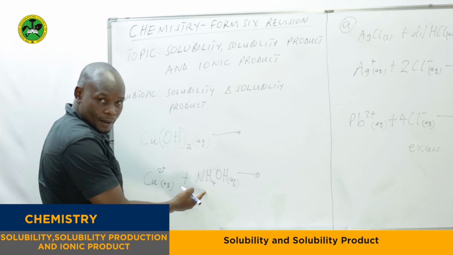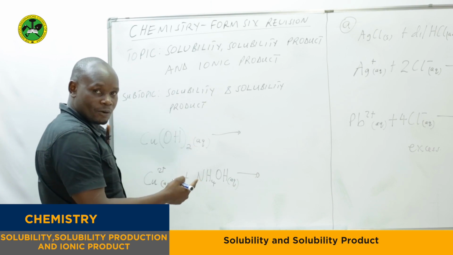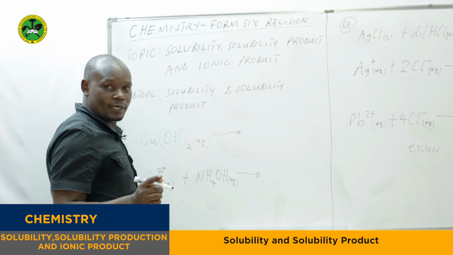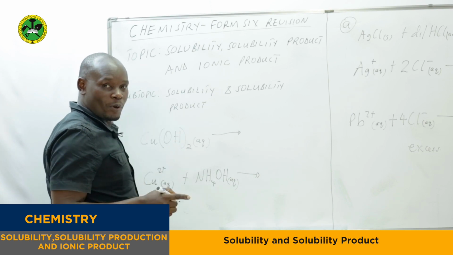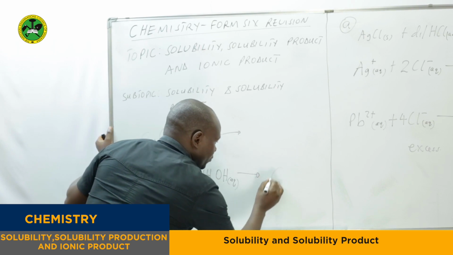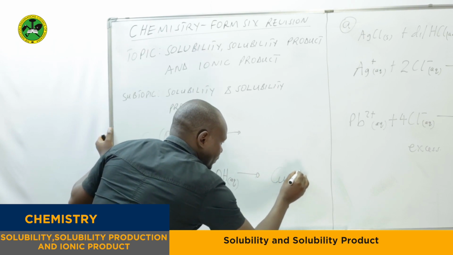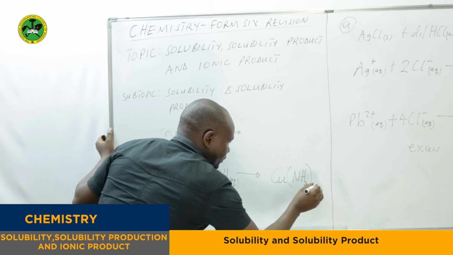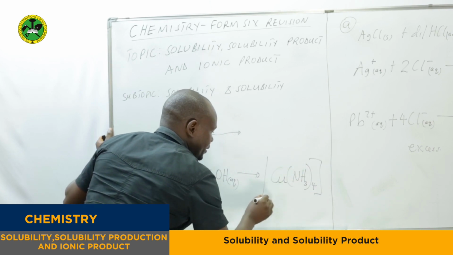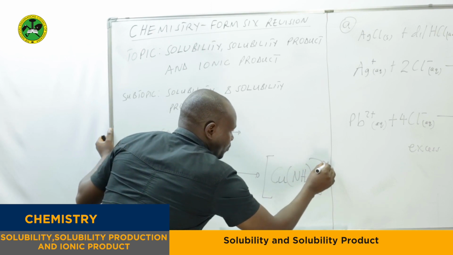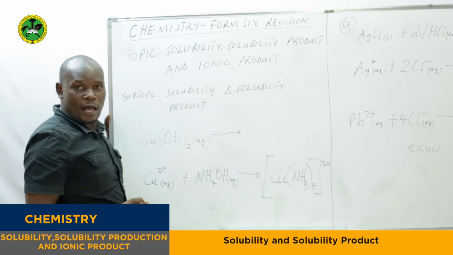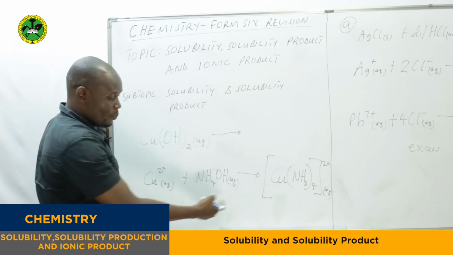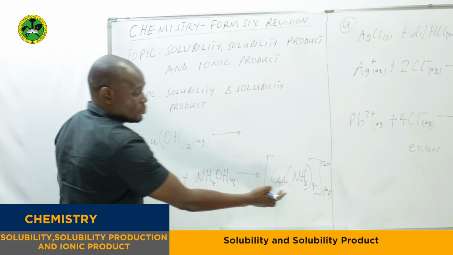The ammonia, which is our ligand, will combine with the copper(II) ions, leading into formation of a complex compound, which will be tetraamminecopper(II) ions, aqueous. So the complex compound formed here is soluble.